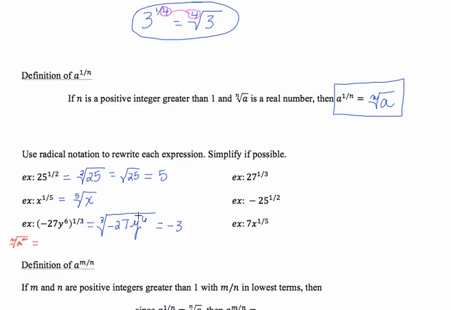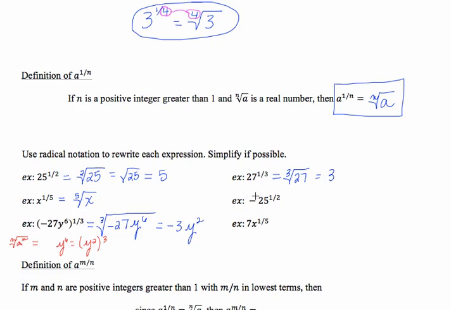But what I need to do is rewrite y to the sixth as something cubed. If we think of y to the sixth as y squared all cubed, then we can think of this as the cubed root of y squared cubed. So the cubed root and the cube cancel, and we're just left with y squared. 27 to the 1/3 means cubed root of 27, which we already know is 3.